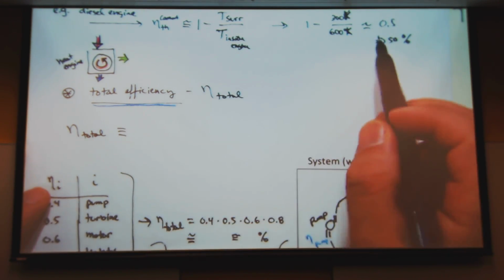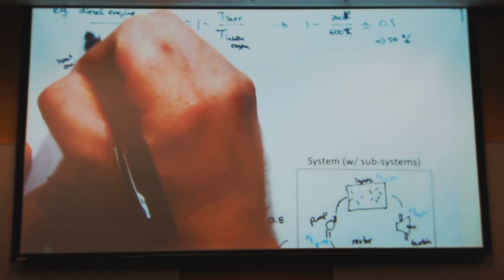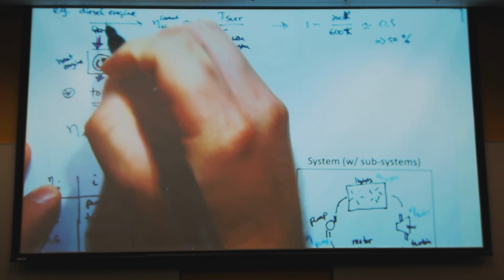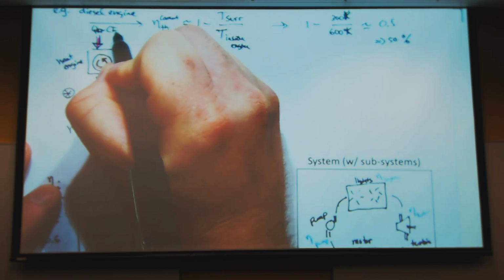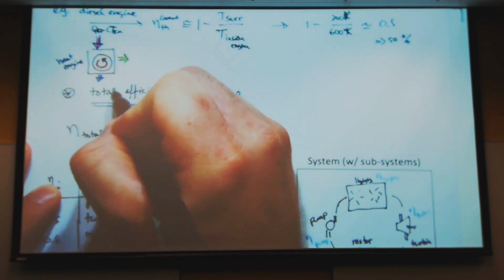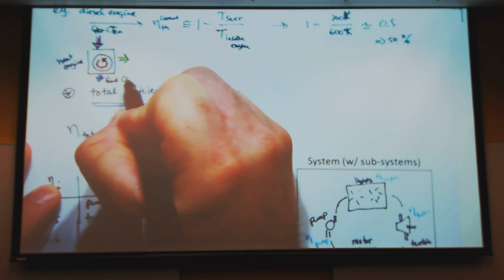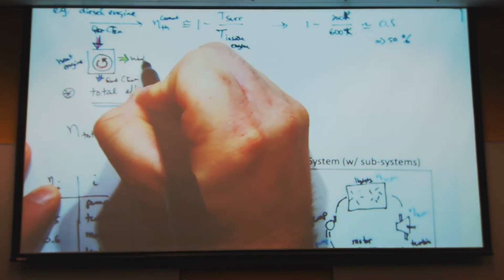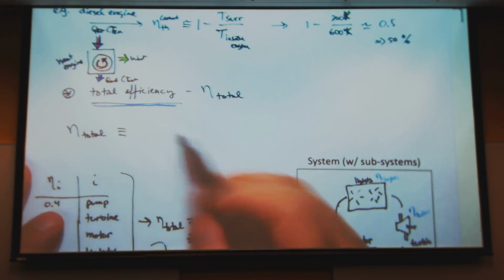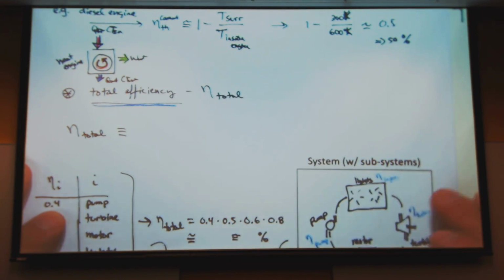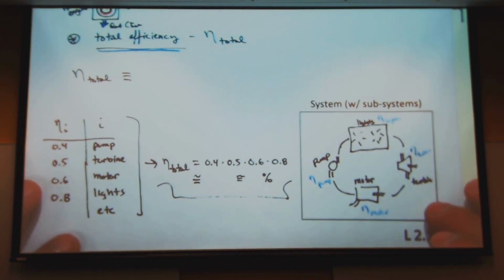Okay. So we have this, and then I have another example. Q in, T in, Q out, T out, and work out. And total efficiency, eta total, so that deals with systems.